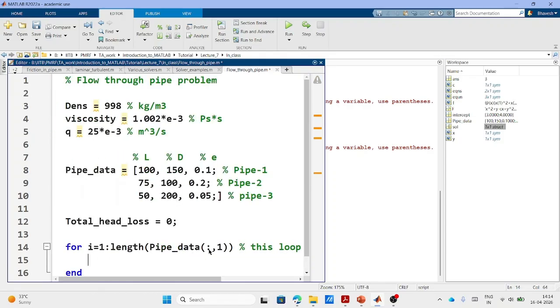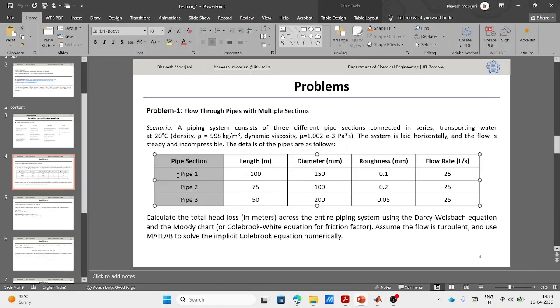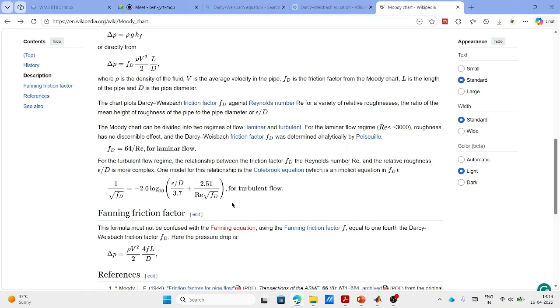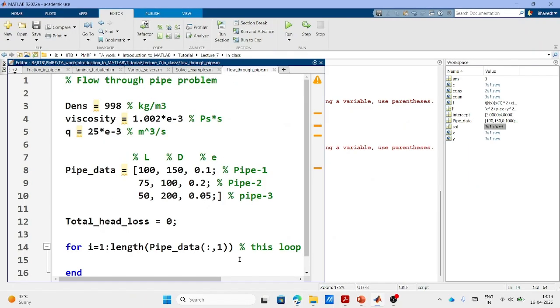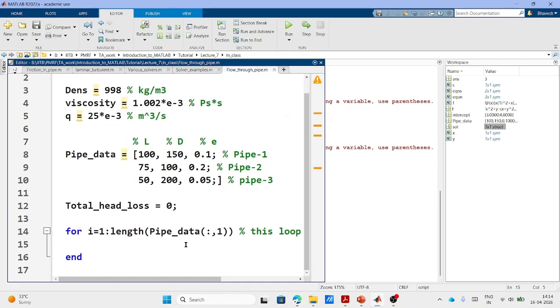Now let's say I'm considering the first pipe's information. The first thing we will do is take out the information for that pipe. Right now I have L, D and E stored in the pipe data.